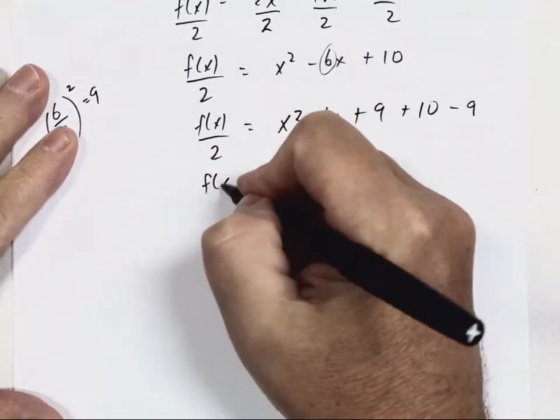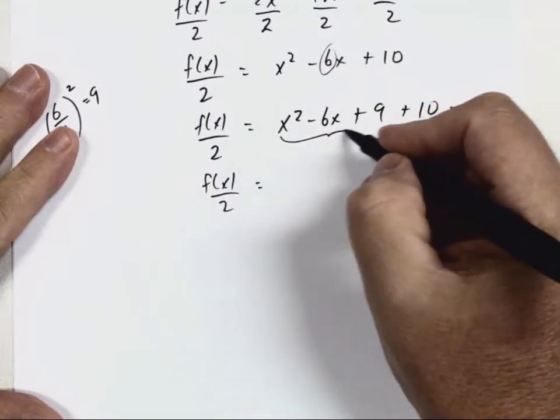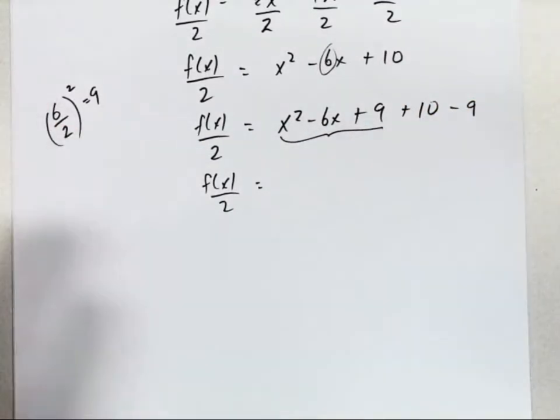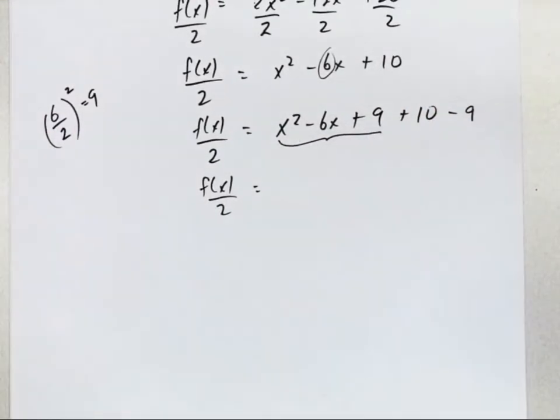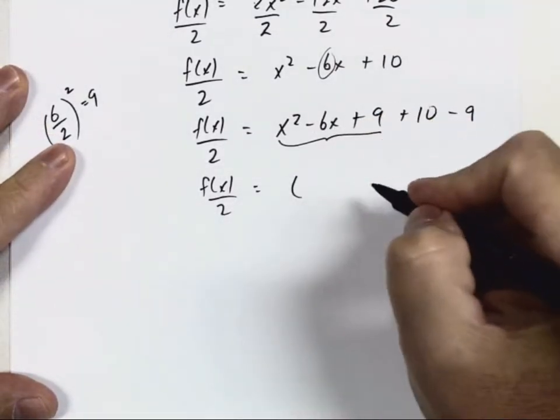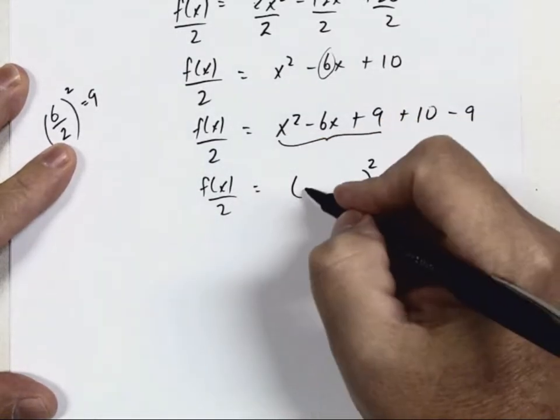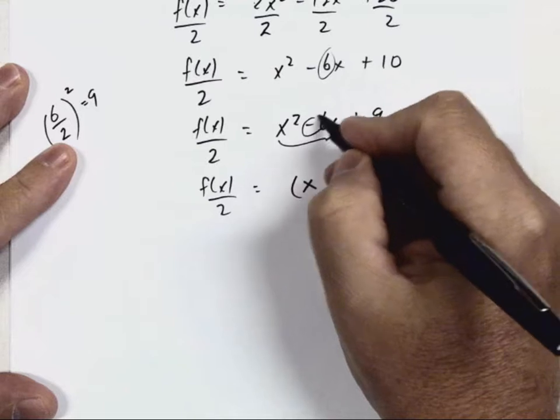The reason I want to do this is because now this is a perfect square trinomial, which I can factor. And it always factors the same way. It's always parentheses squared. You've got your variable.